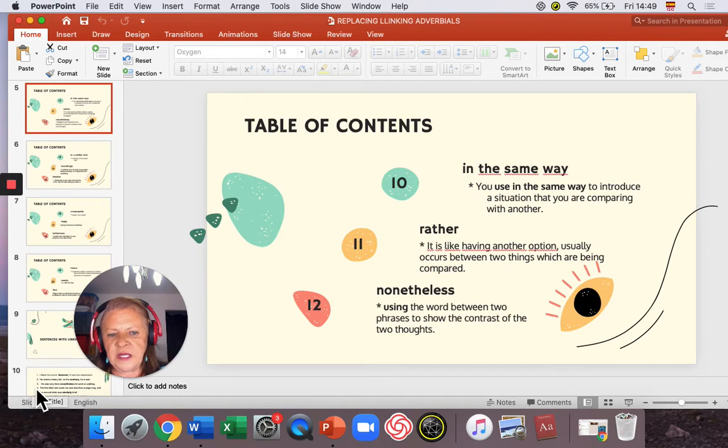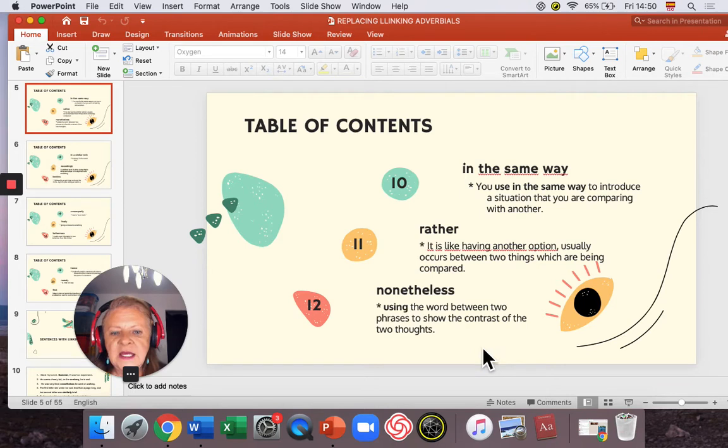The other one is rather. Rather, it is like having another option, but you prefer this option than the other. Then we use I'd rather do this than this. It's a preference, okay? The next one is nonetheless.